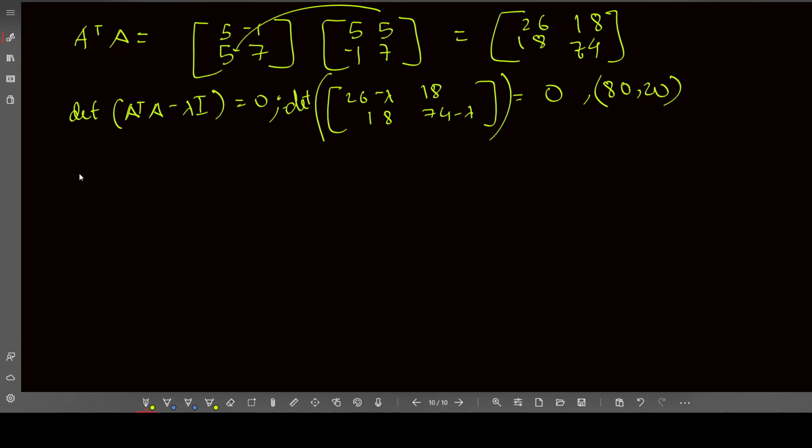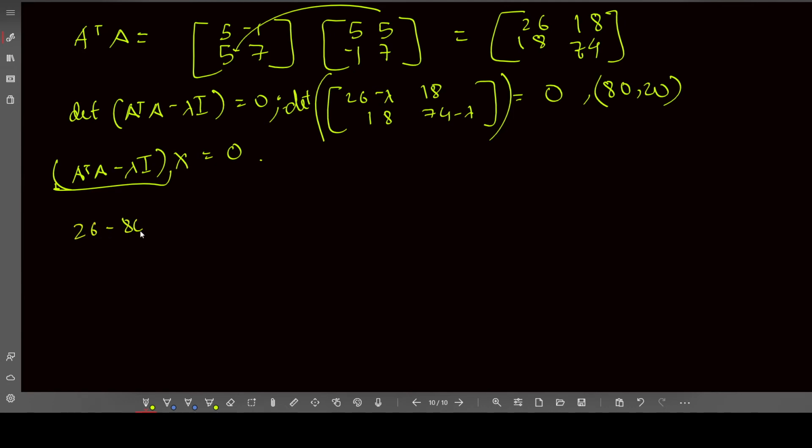So now I have to find A transpose A minus lambda I into x is equal to 0. So I have to find the vector x in the null space of this one. Let's take 80 first.